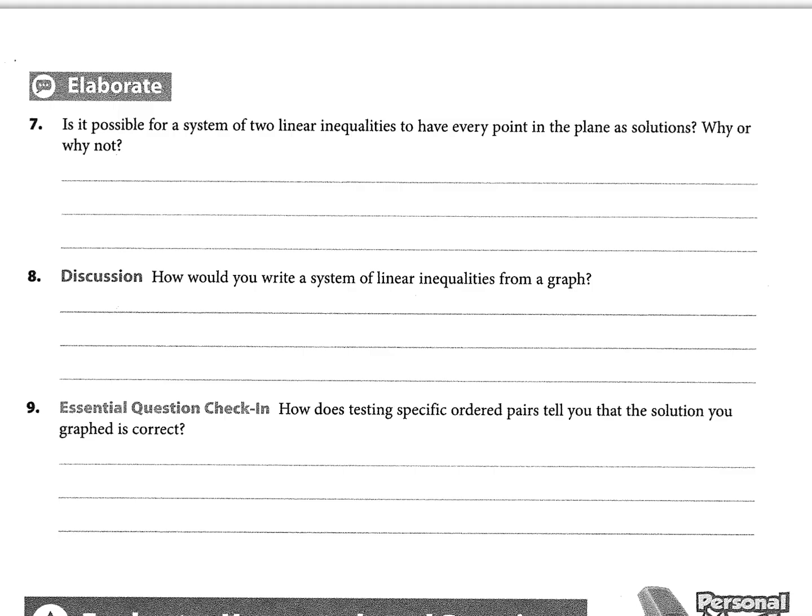Is it possible for a system of two linear inequalities to have every point in the plane as a solution? Why or why not? No. Each inequality splits the graph into two parts.